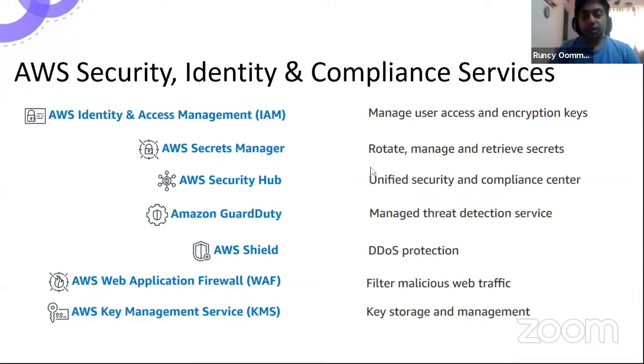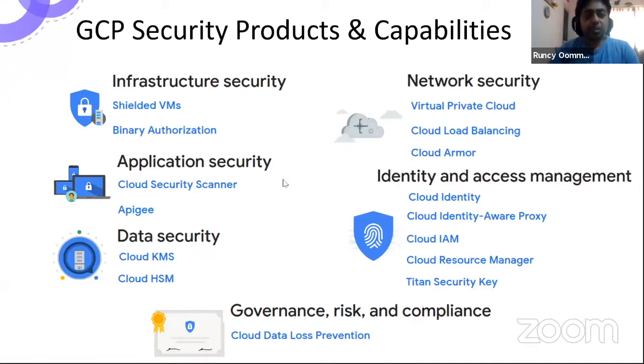And if you go into the GCP, the shift basically remains the same in terms of the shielded VMs, that is a hardened operating system. You have the network wrapper in terms of the DCP. You have the L4 and the L7 protection.